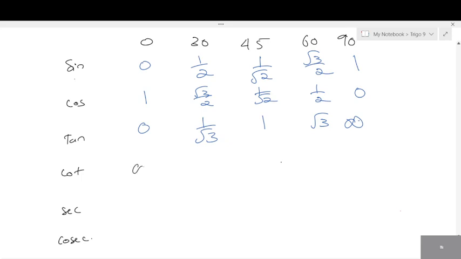What are cot values? Undefined, root 3, 1, 1 by root 3 and 0.